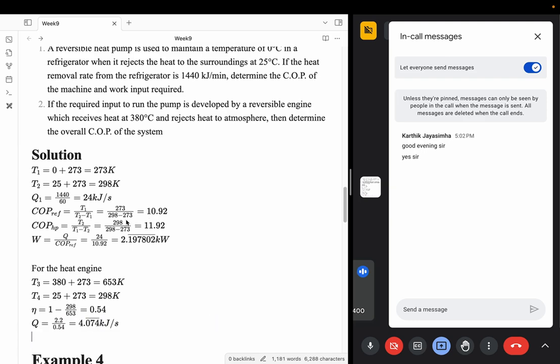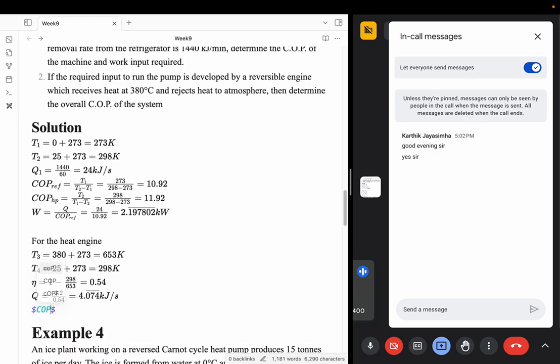To use different units between heat and work, I'm using kilojoule per second. So this is the amount of heat that you need to supply. So what is the COP in this case? The first case is clear. COP is T1 by T2 minus T1. So what is the COP now? How do I define COP now?